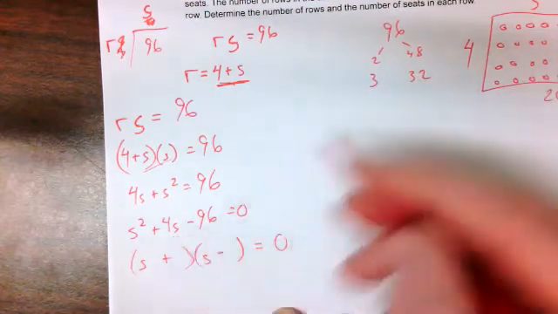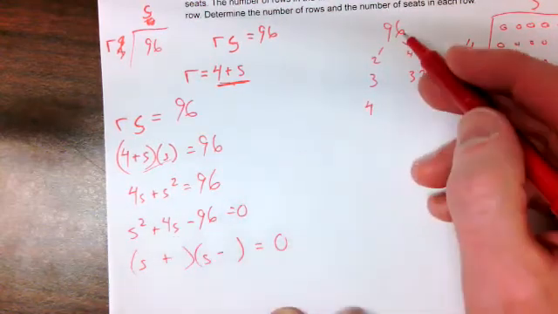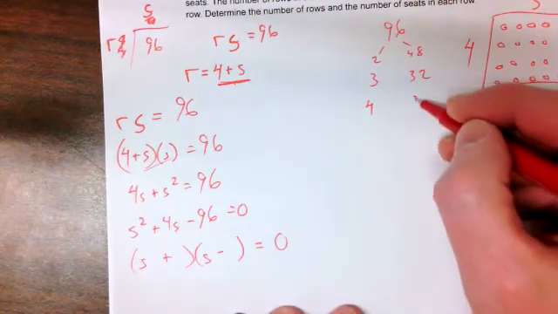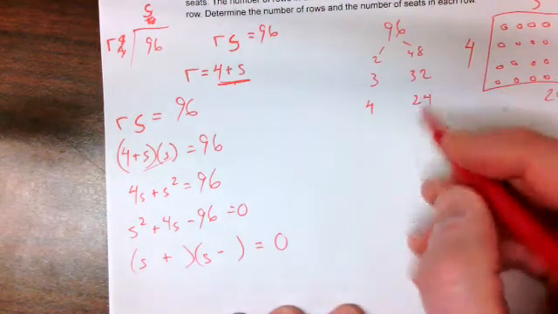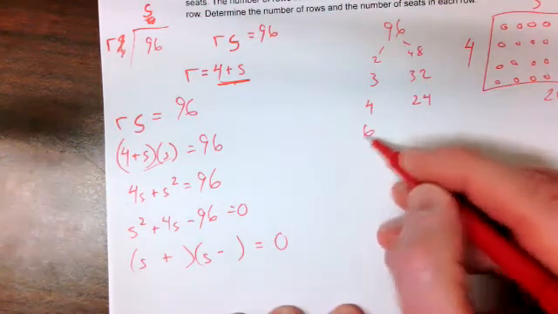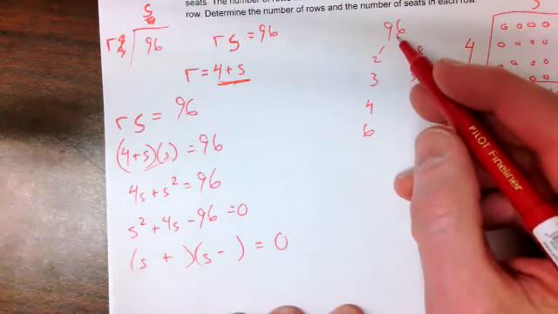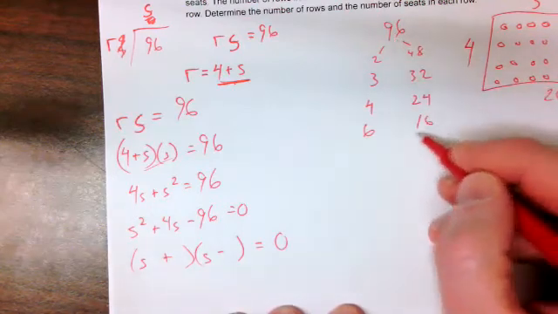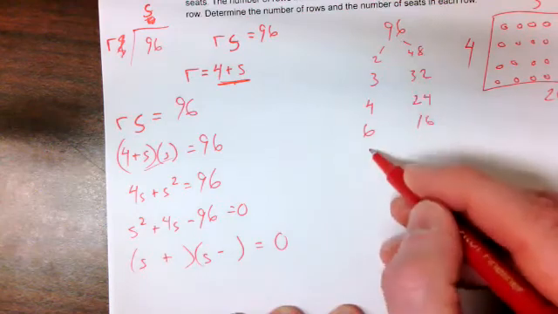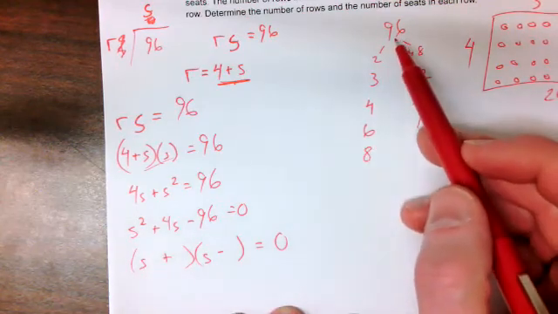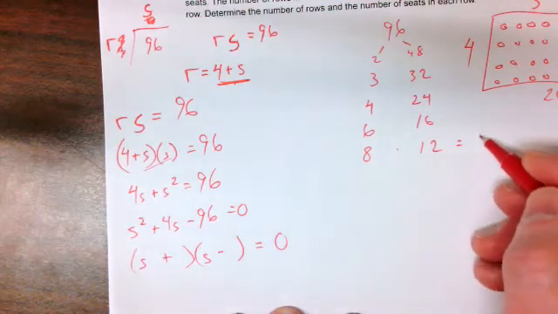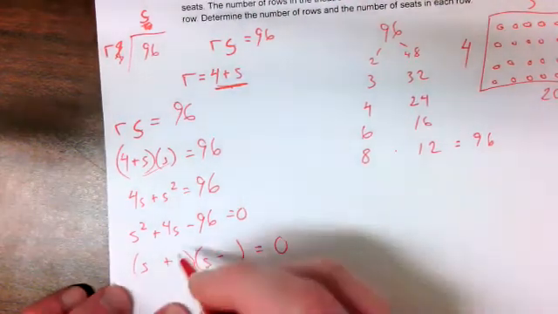We need a difference of 4. 4 times 24, 5 won't go into that. 6 times 16, that's a difference of 10. 7 won't go in there. 8 times 12. There we go. 8 times 12 equals 96.